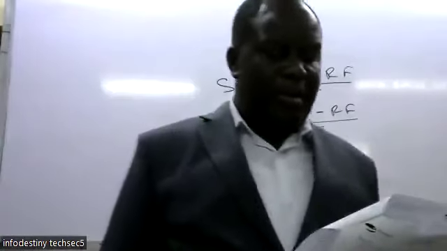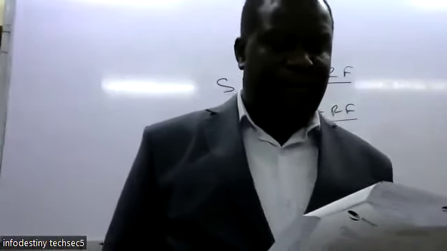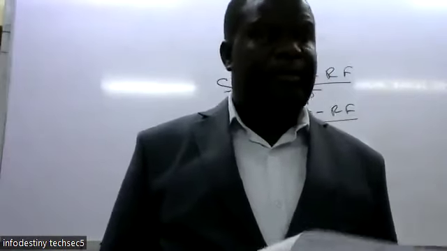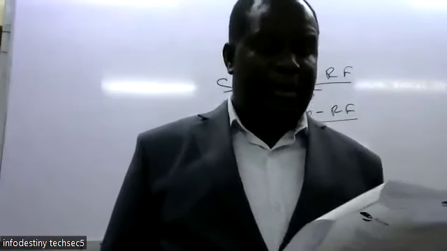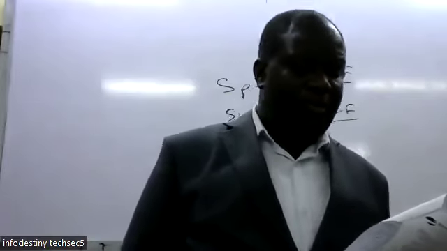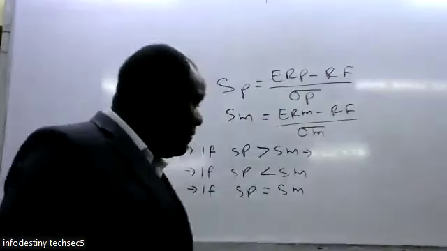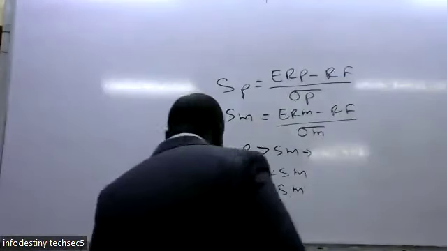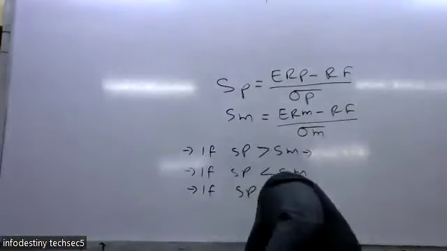Required: evaluate the performance of the 3 portfolios using Roman letter 1, the Sharpe's performance measure, and Roman letter 2, the Treynor. So we are only dealing with Roman letter 1, the Sharpe's performance measure.